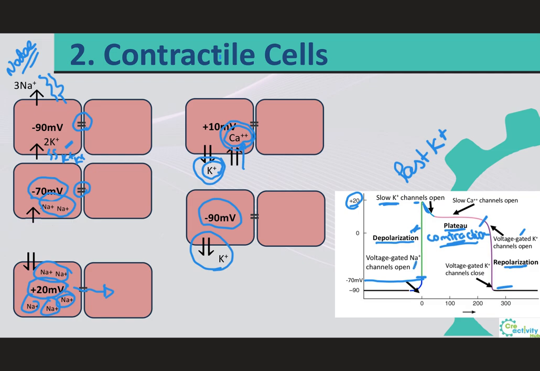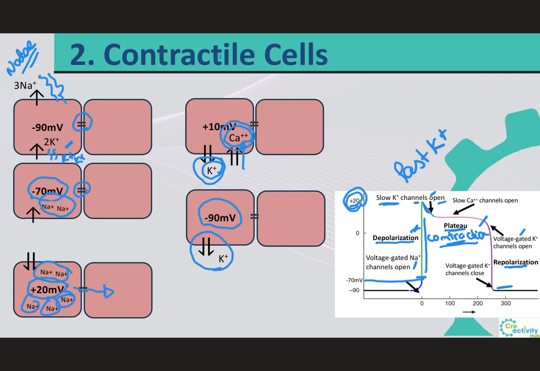Then sodium will be coming into the cell. If sodium is coming into the cell, it increases the voltage of the membrane. It goes all the way up to plus 20 millivolts. Then we have again a little bit of potassium coming out of the cell. This makes the membrane a little bit less positive.